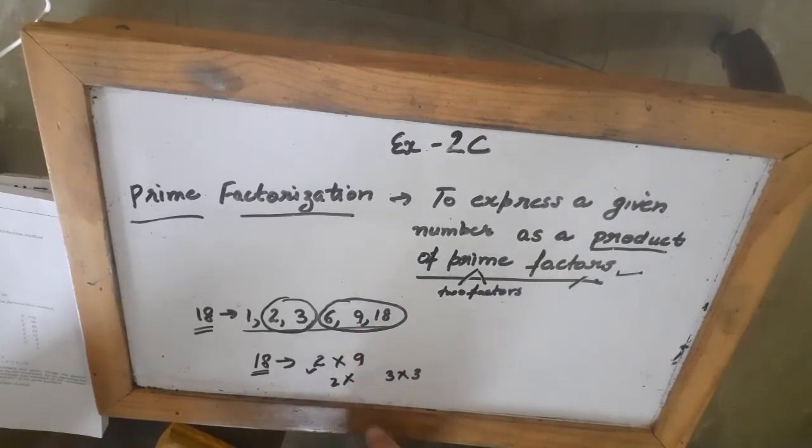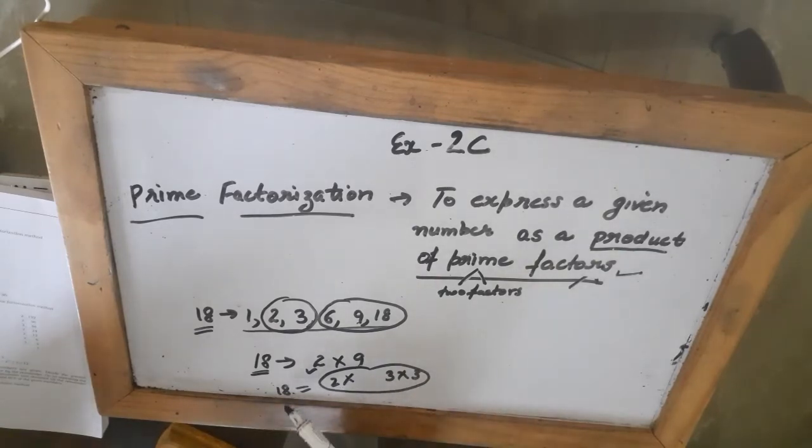Now these three numbers, if you multiply them, 3 3s are 9 and 9 2s are 18, you get 18. As you can see, each of these numbers is a prime number and a factor of 18, and when you multiply them, you get 18.